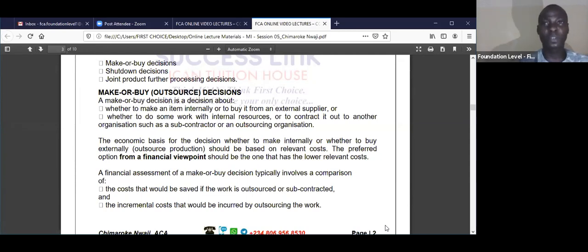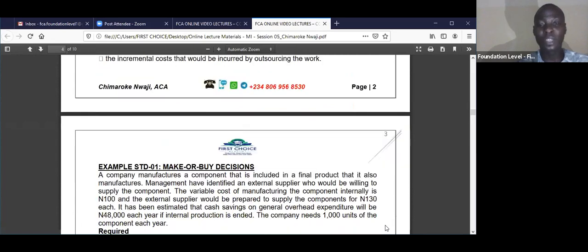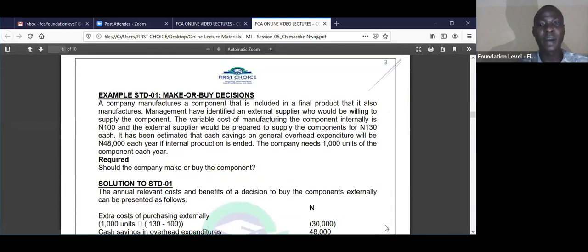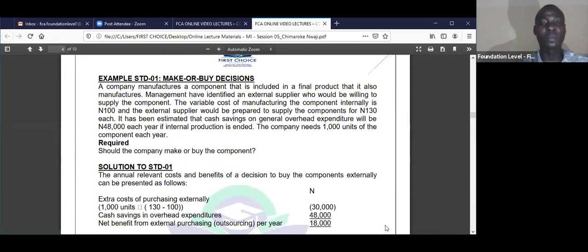How much am I going to spend by subcontracting it? That's one of the costs you are going to be looking at. Then how much are you going to get as benefit when you subcontract? Well, we'll look at an example, and you understand make or buy decisions. Look at one example here.